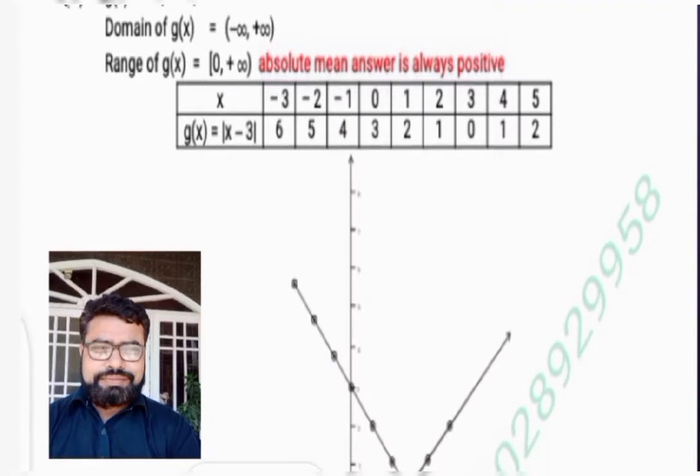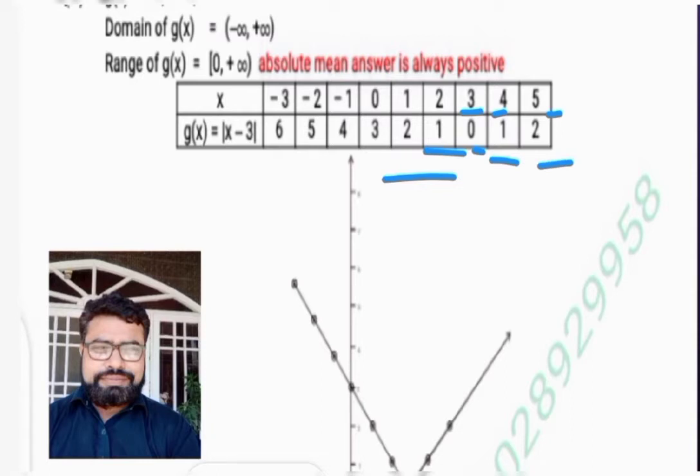If we put 2, 2 -3 is -1, absolute of -1 is 1. If we put 3, 3 -3 is 0, absolute of 0 is 0. If we put 4, 4 -3 is 1, absolute of 1 is 1. And if we put 5, 5 -3 is 2, absolute of 2 is 2.